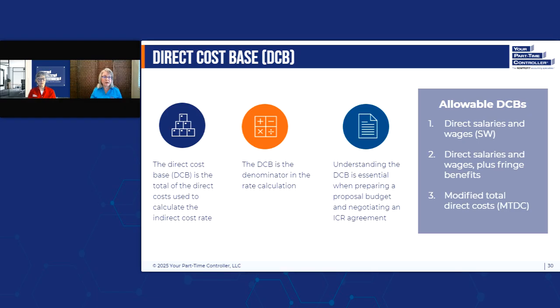It's important to note that the calculated rate must be applied to the chosen allowable base and not to total costs or any other base. In a moment, we'll look at some examples of rate calculations using these different direct cost bases. But first, let's clarify what is meant by modified total direct costs.